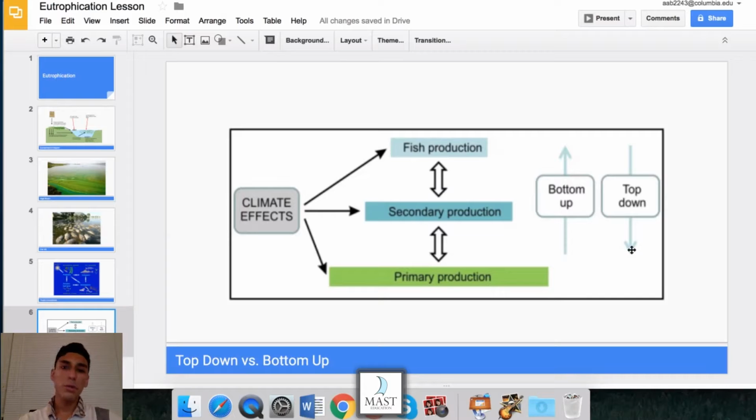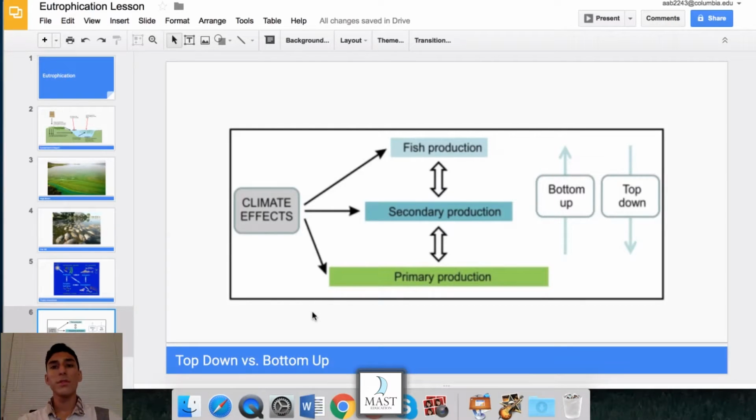In the top-down model, a change in population at the top of the food chain of the trophic structure will then have effects down the trophic structure, affecting the primary consumer and then the producer and so on. And the main point is that in each of these models, the opposite direction of effect isn't possible. So if you have a bottom-up model, a change in population at the top won't affect anything below it.